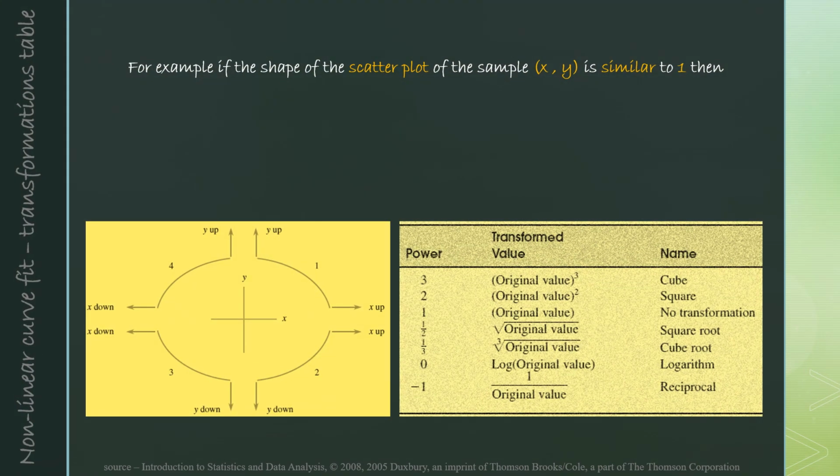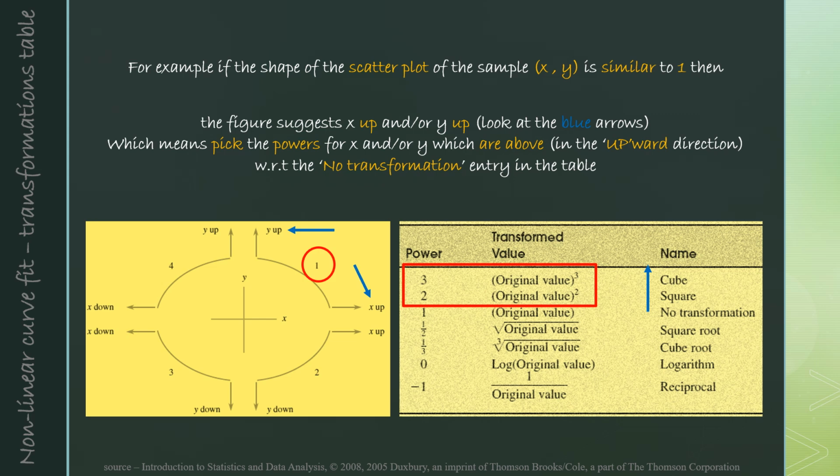For example, if the shape of the scatter plot of the sample xy is similar to 1, then the figure suggests x up and or y up. Look at the blue arrows, which means pick the powers of x and or y which are above in the upward direction with respect to the no transformation entry in the table.